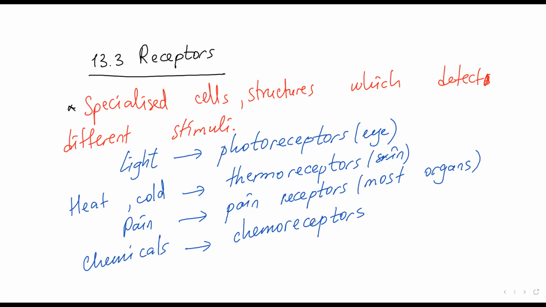We can find this type of receptor in the nose, because in the air we have special chemicals, and these chemicals will be detected by these receptors, which will make smell. Also on the tongue we have them, because in food we also have chemicals which give taste. And the last type, we have mechanoreceptors.